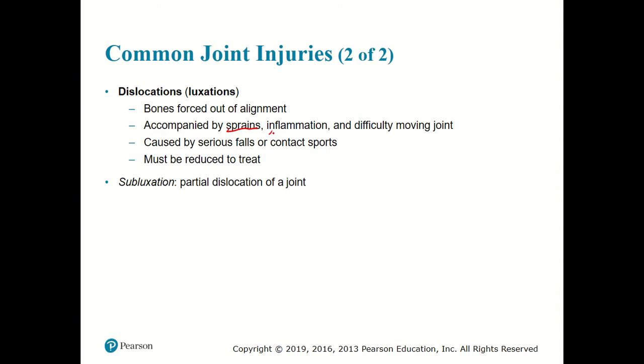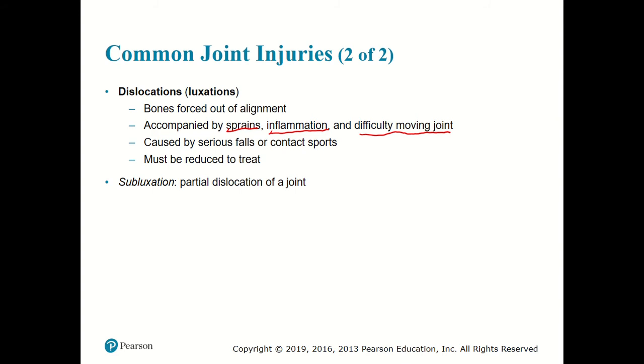And anytime you have those conditions, inflammation will usually set in. And part of inflammation is swelling. Swelling in that area causes immovability, right? So you become immobile. The joint does not move like it normally does, right? So all of that accompanies dislocation.